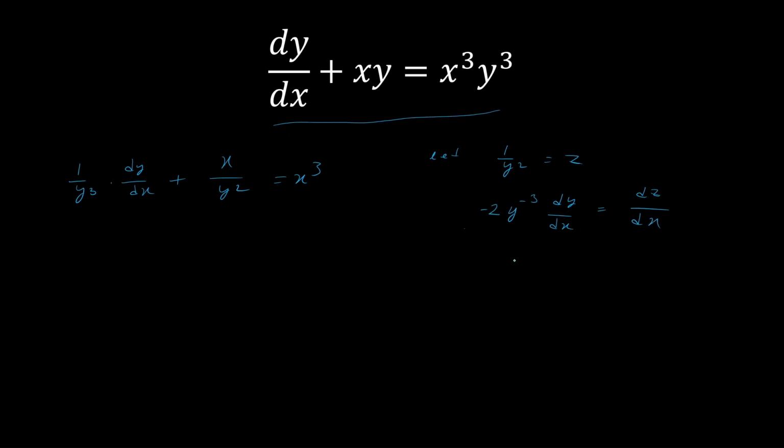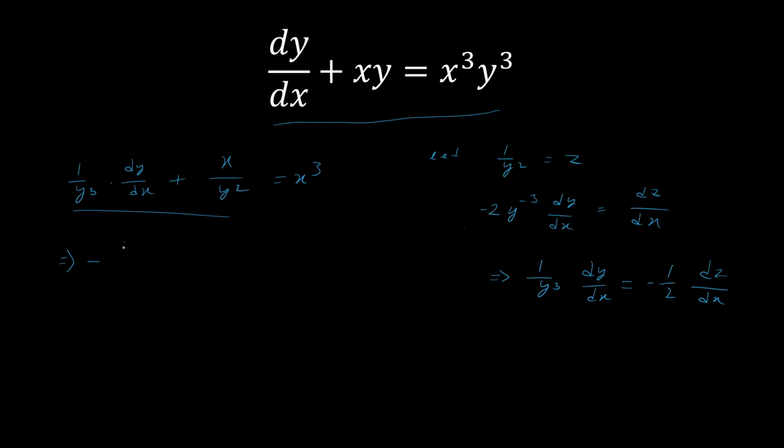If we transfer it to that side, then 1 by y to the power 3, as it is y to the power minus 3, dy/dx can be written as minus 1 by 2 dz/dx. Now we can rewrite this equation in terms of z. First, look at these terms. That term means this.